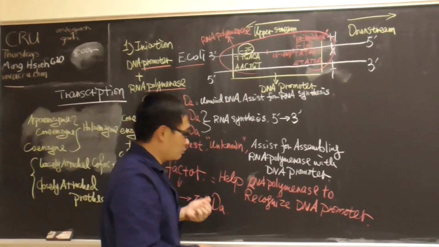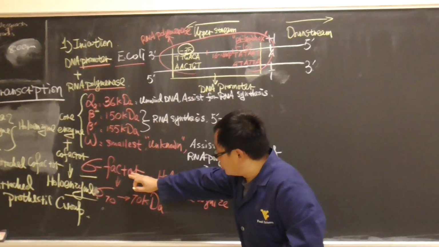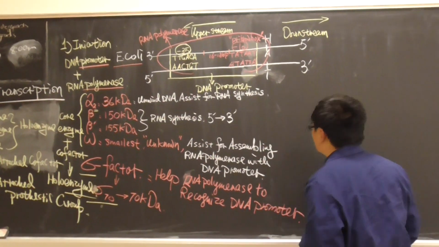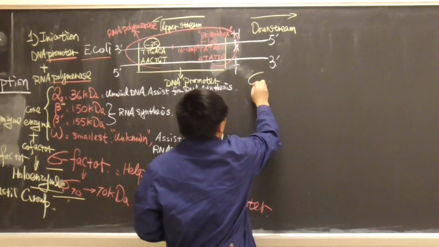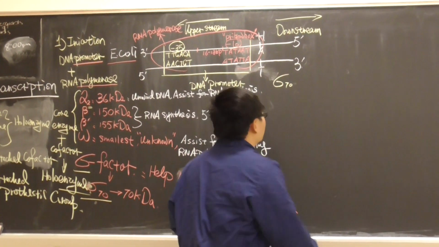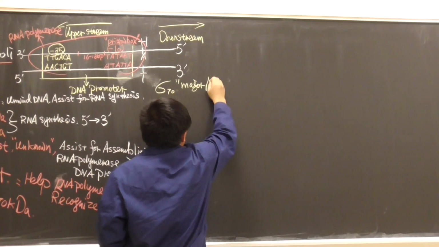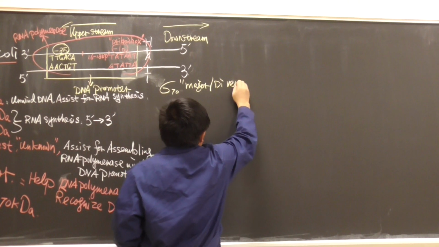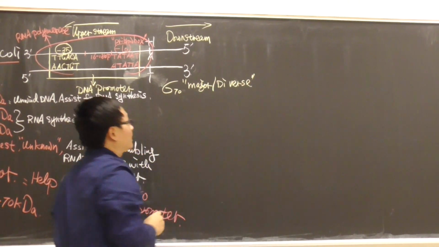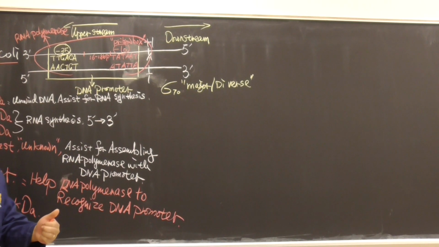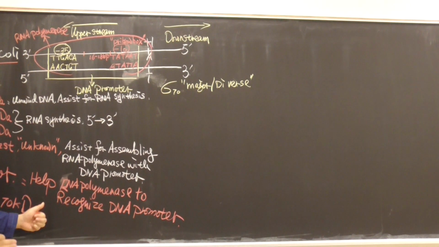Now, I also want to mention, when we talk about this sigma 70, we always say this sigma 70 is for the major and diverse functions of a bacterial cell. In stress environments, bacteria have their special RNA polymerase to survive.